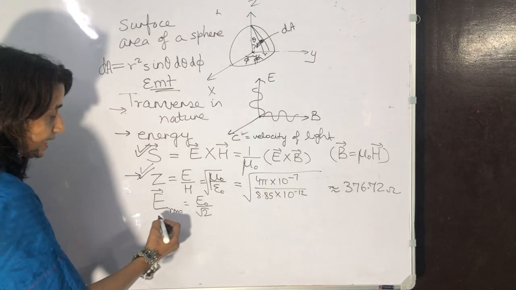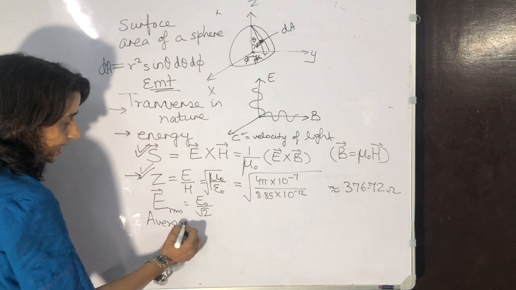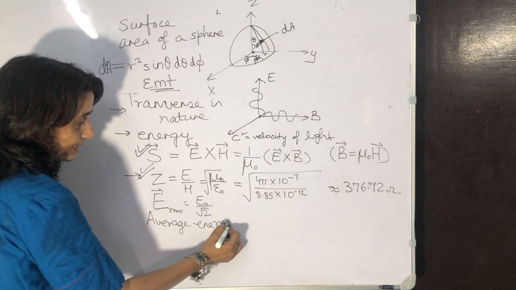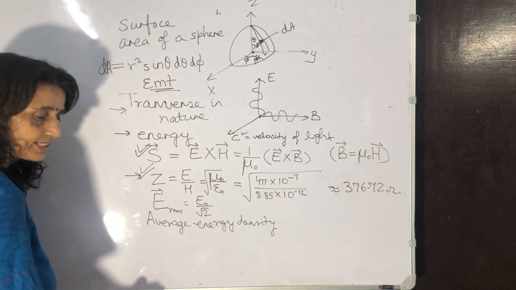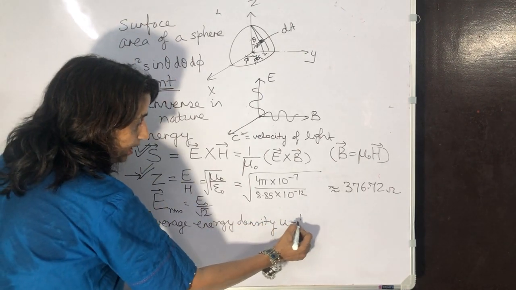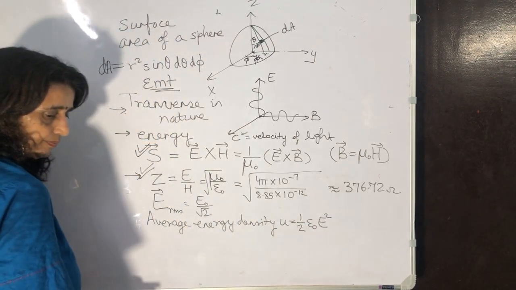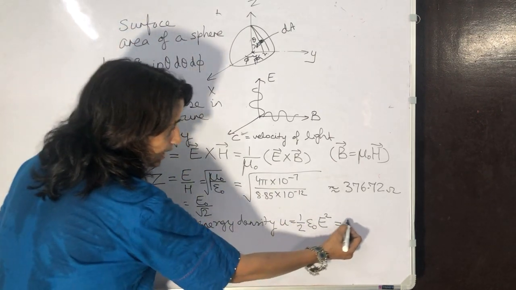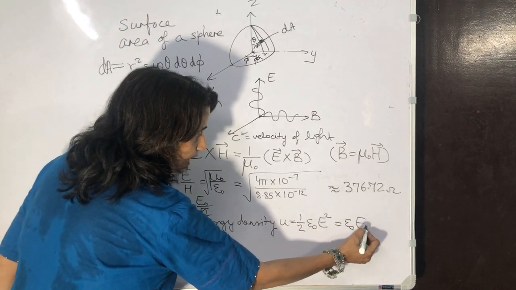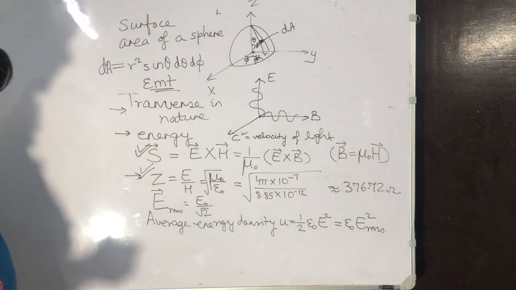Average energy density is given by half epsilon naught E square, or in terms of root mean square value you can write epsilon naught E rms square.